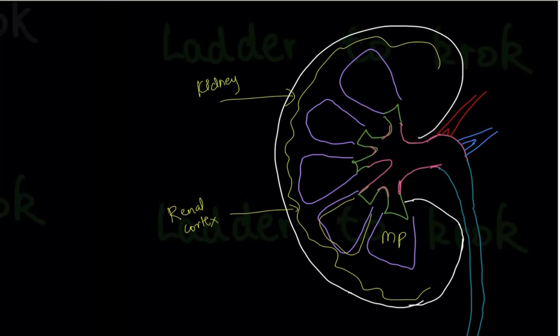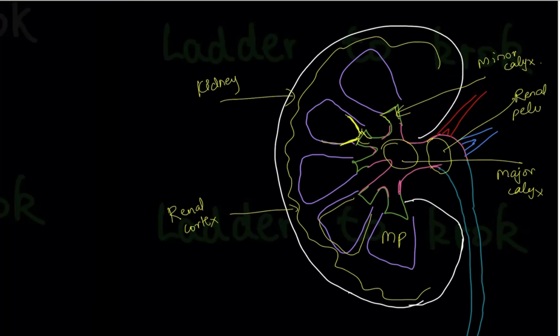They have an apex like this, which is called renal papilla. I have not drawn it clearly. And this renal papilla opens into, what are these? This green color are minor calyx. You can see many minor calyx open into the major calyx. So what you are seeing over here is major calyx.